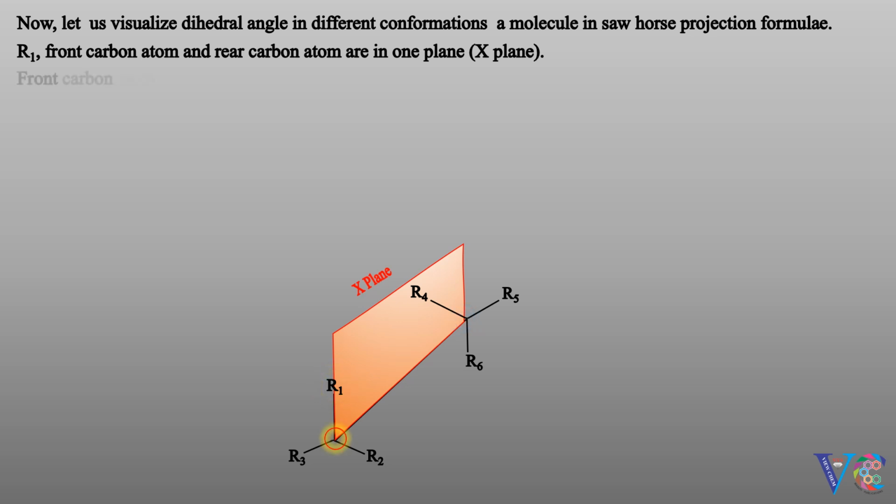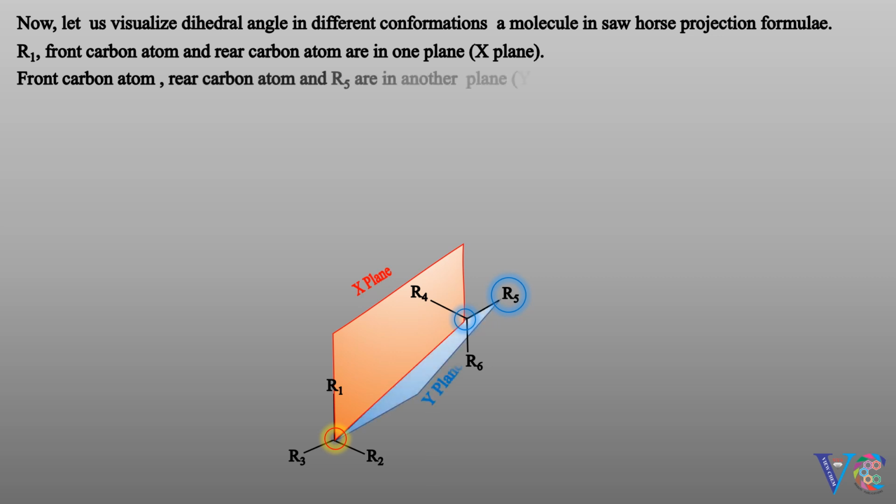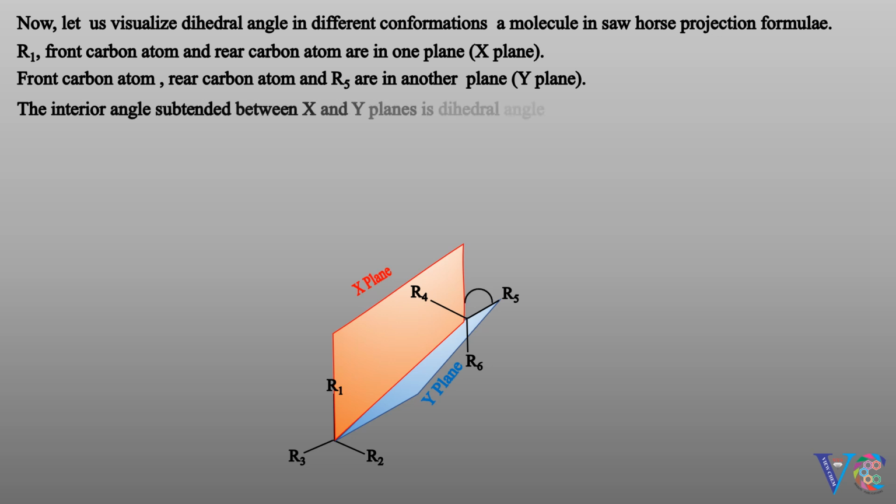Front carbon atom, rear carbon atom, and R5, are in another plane, Y-plane. The interior angle, subtended between X and Y planes is dihedral angle, and, in this example, it is 60 degrees.